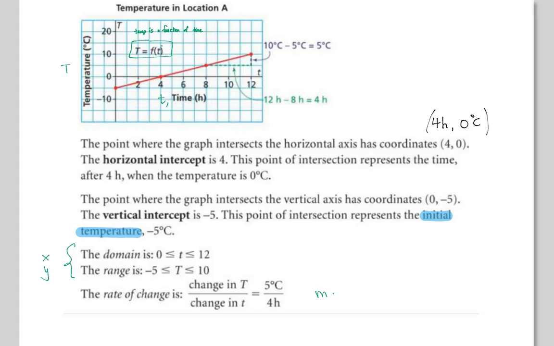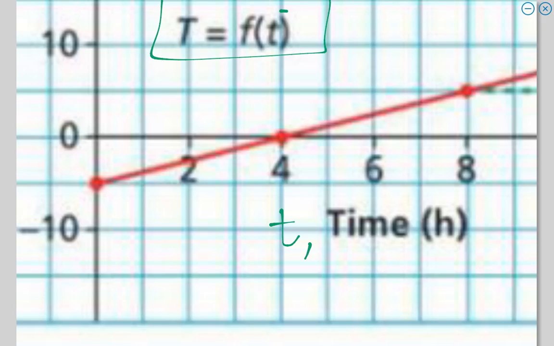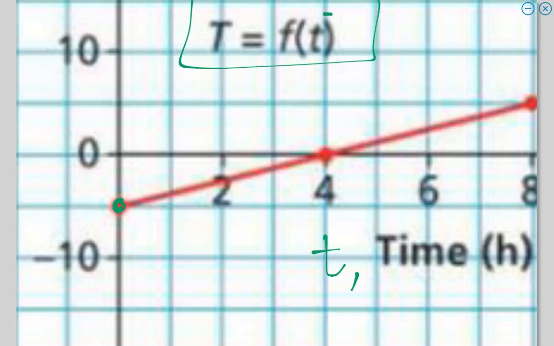So make a triangle. Identify 2 points, this point here and this point here. Make a triangle.